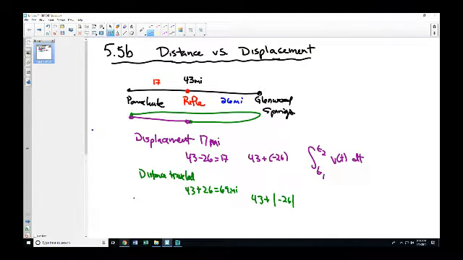Time 1 to time 2, so we have our integral limits and our velocity, and we evaluate. So that's straight up something you've already done, right? Distance traveled is simply this.